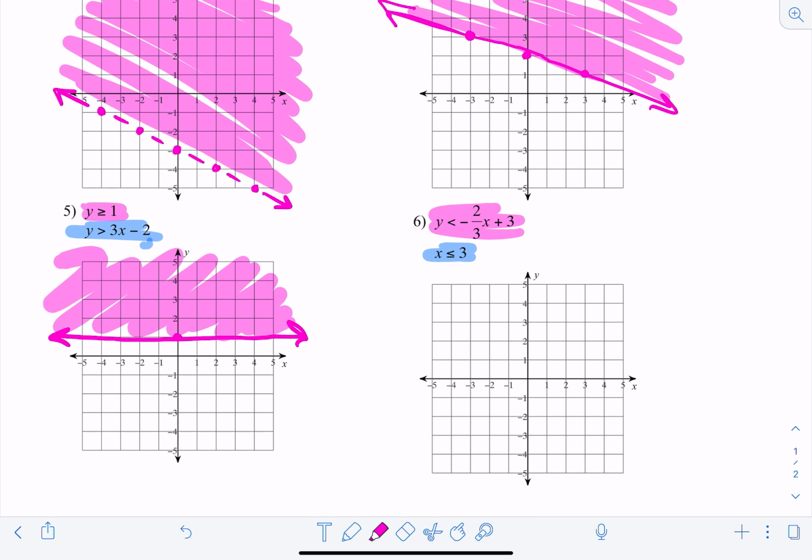We start at 3. It's -2 over 3. It's not solid, so we are going to just dash these lines because it's less than only. Less than means shading below.